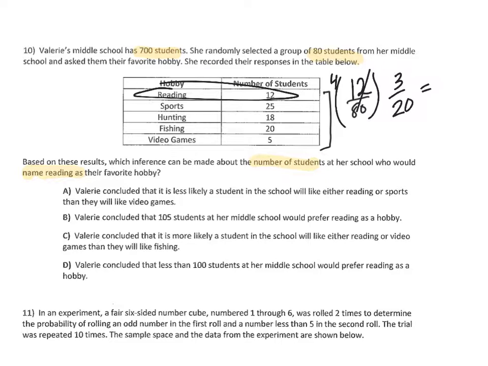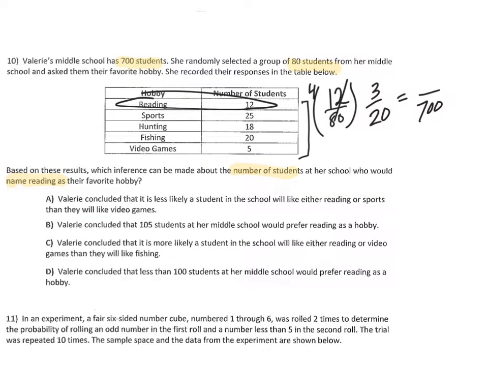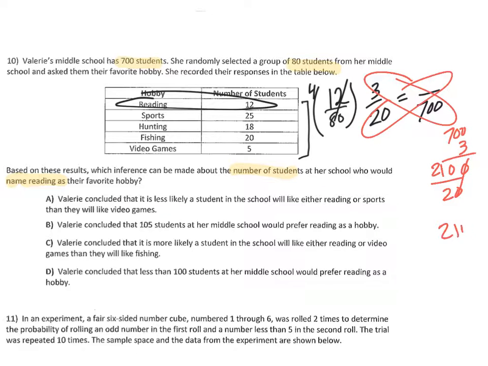So 3 over 20, and we need to see out of her whole 700 students in her school, how many of those 700 would say reading was their favorite. So we can cross multiply and divide. 700 times 3 would be 2,100 divided by 20.